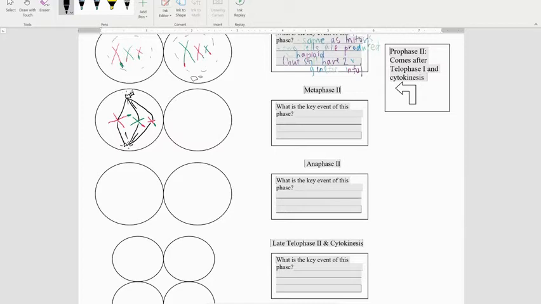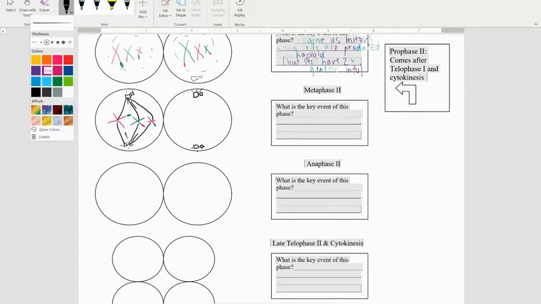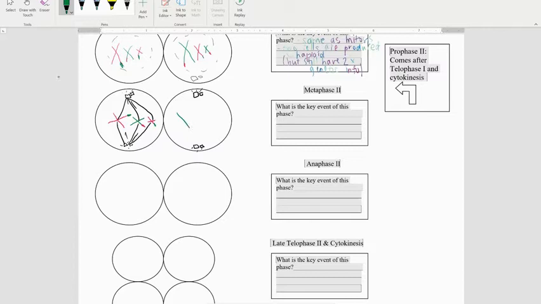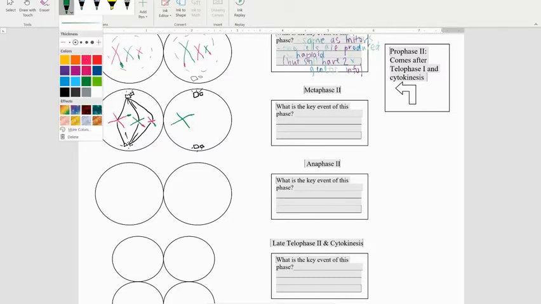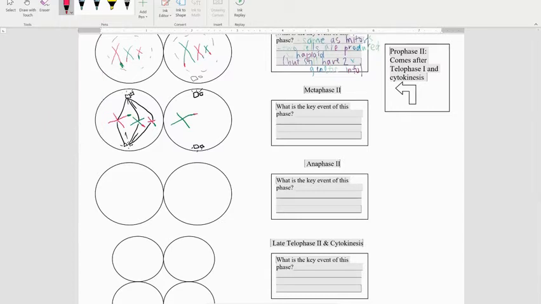Let's go ahead and do the second one. Again, it doesn't matter if I flipped it around and put this end here or on this side, because it's possible that the chromosome would have flipped over.